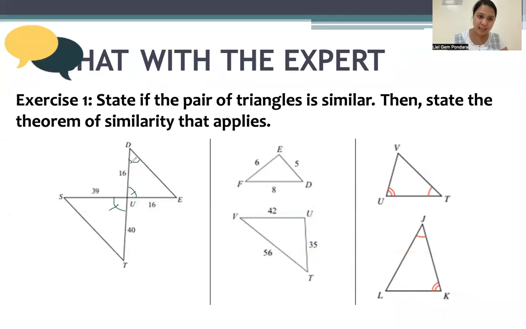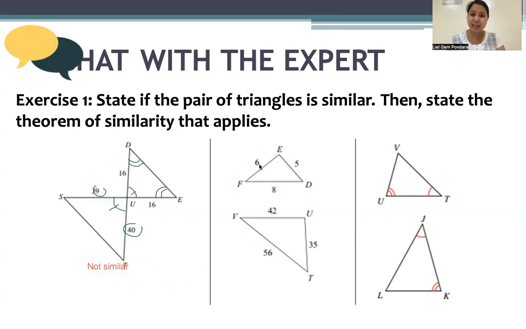Therefore, D is equal to E. But if you see on the other side, these two are not equal. Therefore, you could not show that there are two equal angles. So we say that these triangles are not similar. Let's go to the next one.